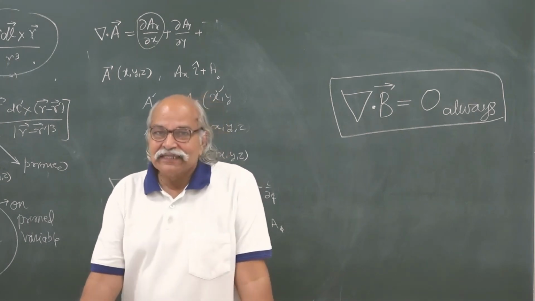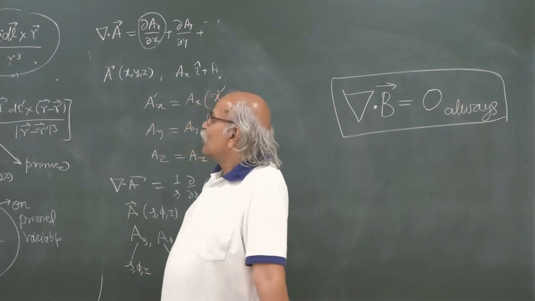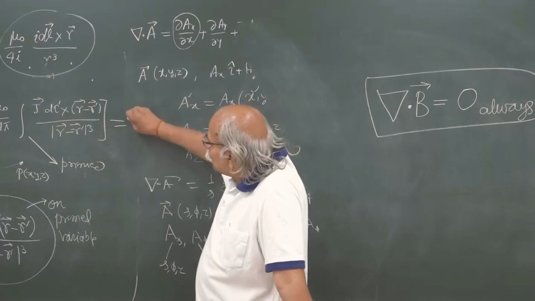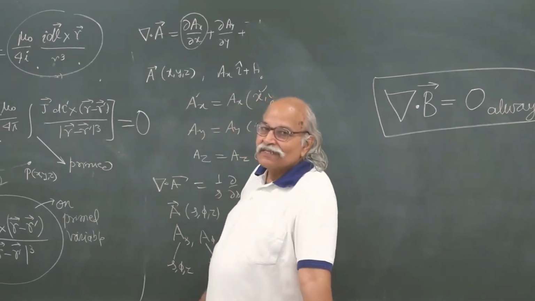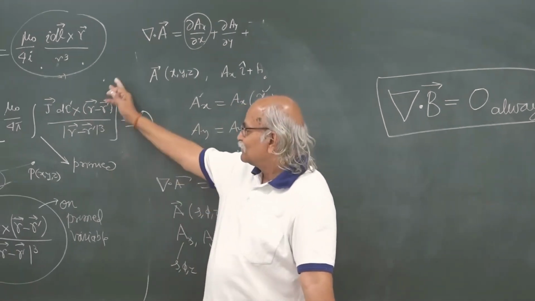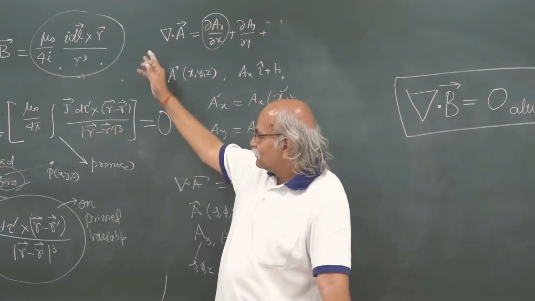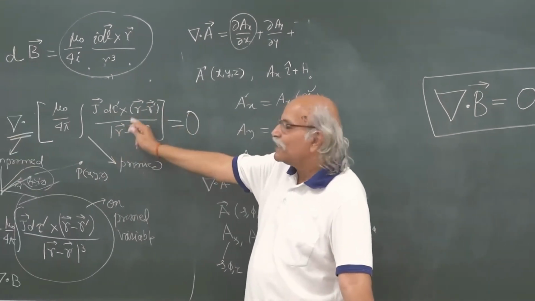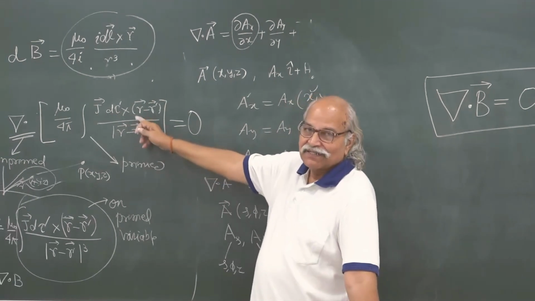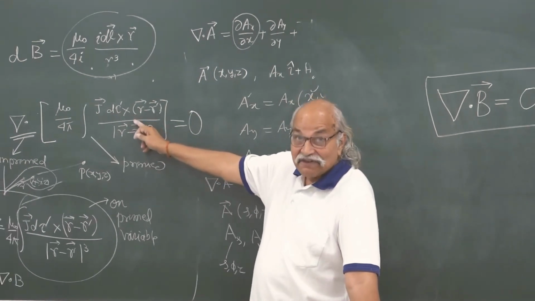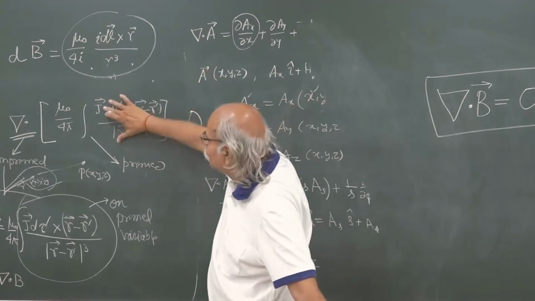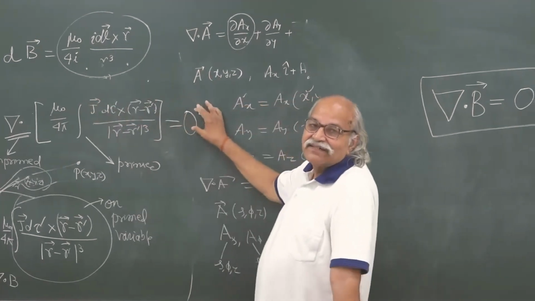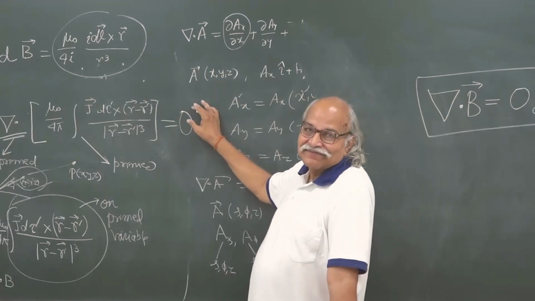There are big long calculations you will have to do to show that this is 0. There is a huge amount of algebra involved, but if you have the patience to do that algebra, you will find that starting from here the divergence finally turns out to be 0.